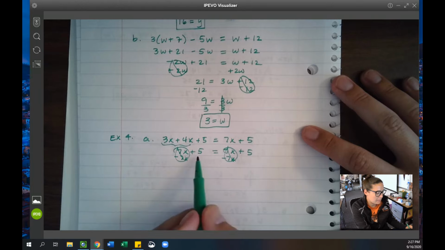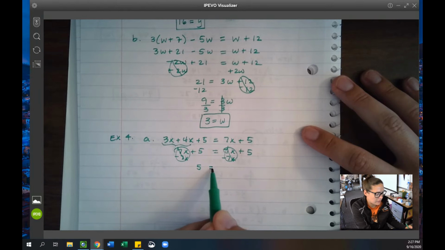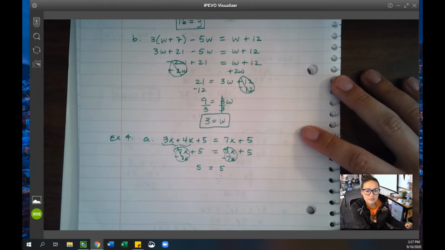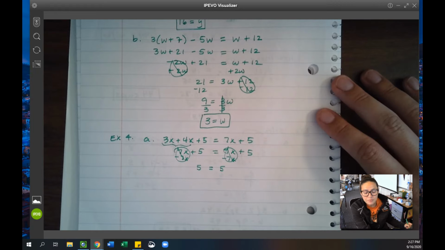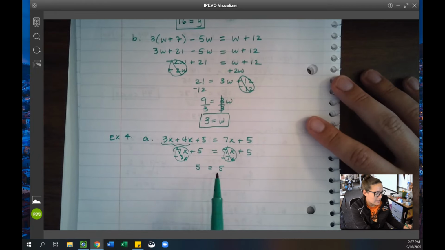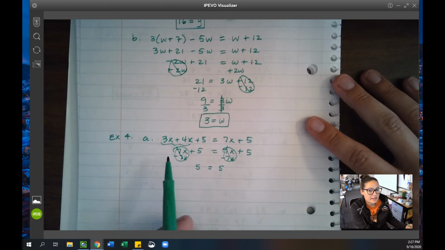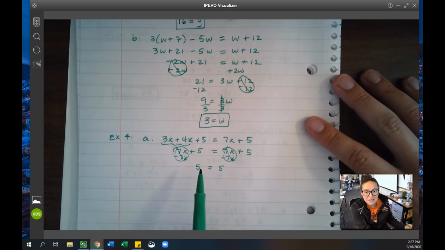So what does that mean? That means I'm left with 5 equals 5. No more x's. That doesn't mean x equals 5. That doesn't mean that x equals 0. What that means is that the answer is all real numbers.